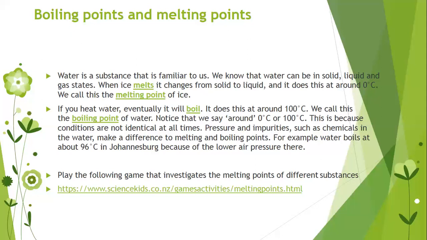We don't give an exact number because the conditions for boiling point and melting point are not the same at all times. They are influenced by things such as pressure and impurities. So, for example, water boils at about 96 degrees in Johannesburg because of the lower air pressure there. If you go to a different area, the water may boil at a higher temperature or a lower temperature, depending on the air pressure there as well.